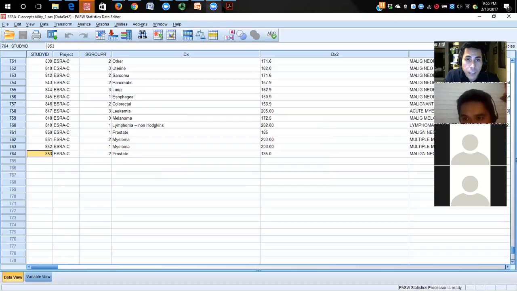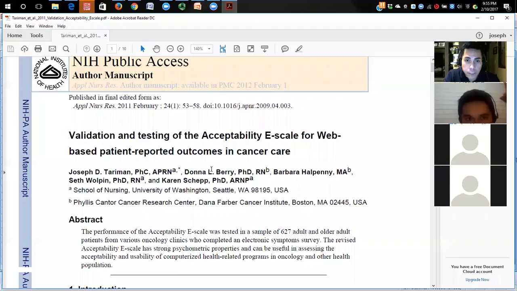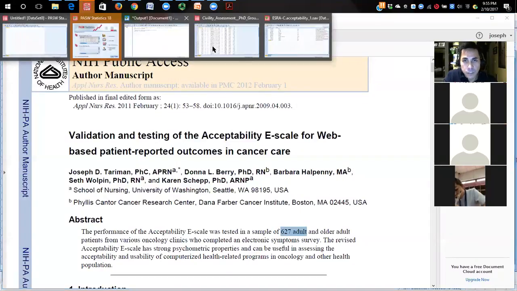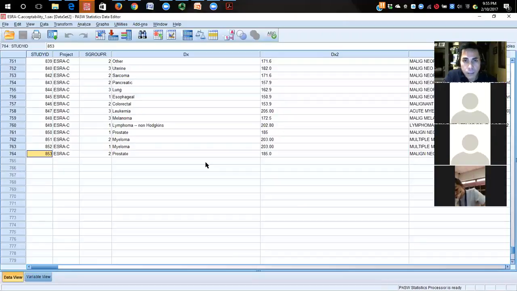And then I've looked at my publication of the acceptability E-scale, and there were 627 in the final data analysis. So that would make sense that perhaps the statistician who ran the exploratory factor analysis did clean up this 853 and only included 624. And that explains why I'm getting a different result.